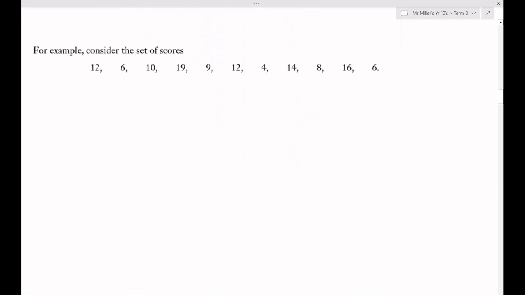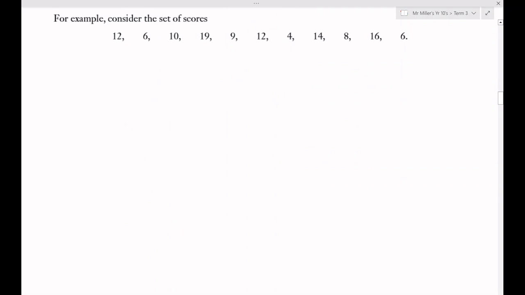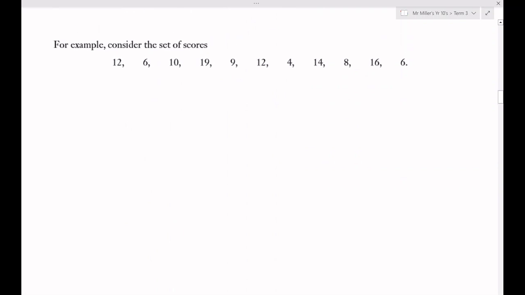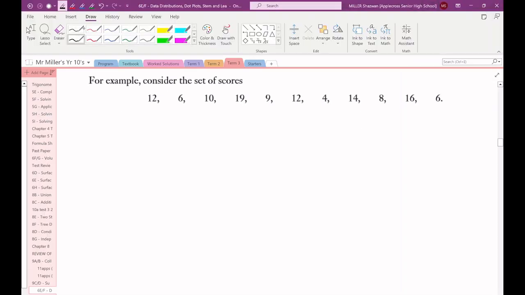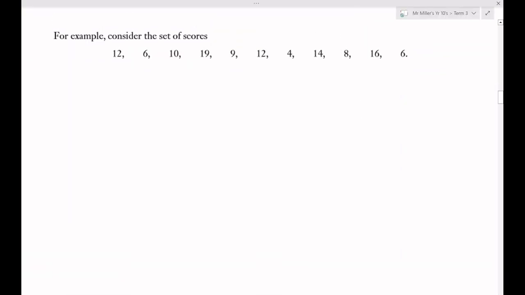Alright, so let's calculate all this for ourselves. If we were to find a 5-figure summary of some data, how would we do it? The first step would be to arrange data. We need to arrange it in ascending order.